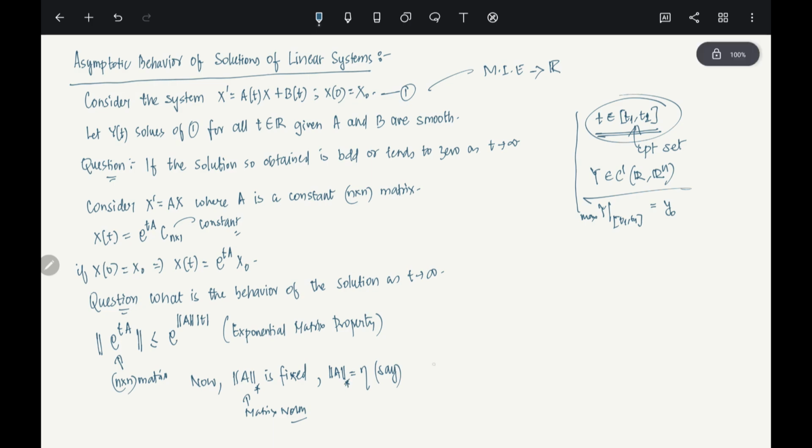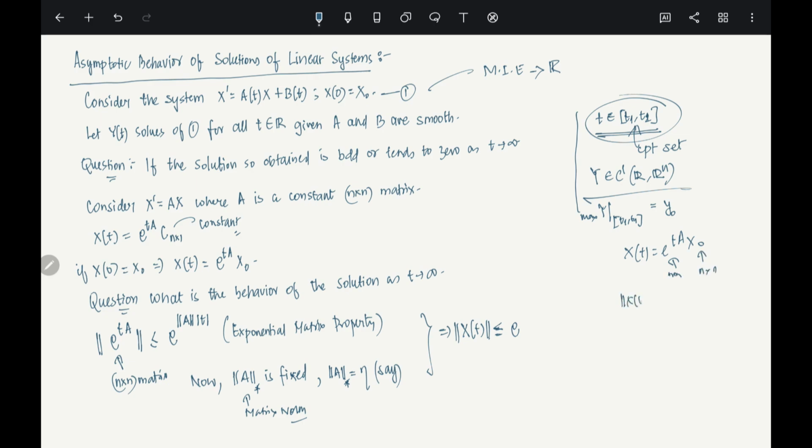Hence, this implies that for any solution x(t), the norm of it is always dominated by norm of e^{tA} times norm of x naught. What is x(t)? x(t) is nothing but e^{tA} times x naught. This is an n cross n matrix and this is an n cross 1 matrix.